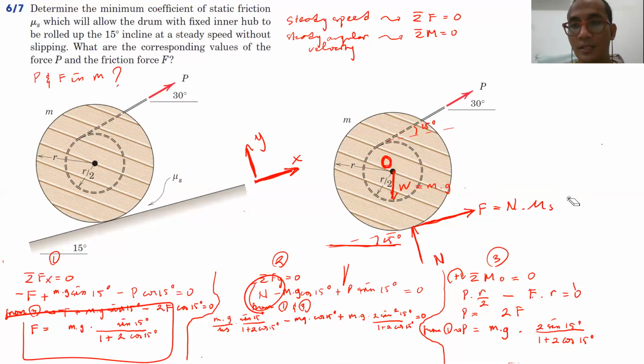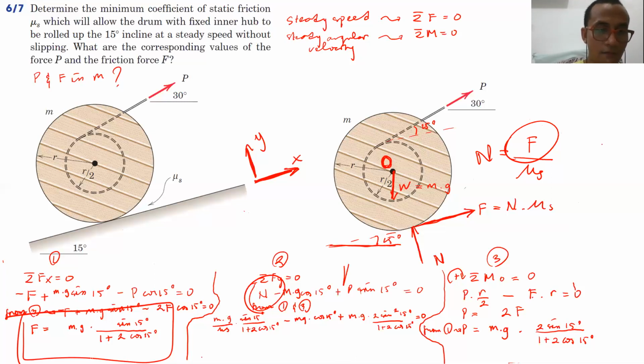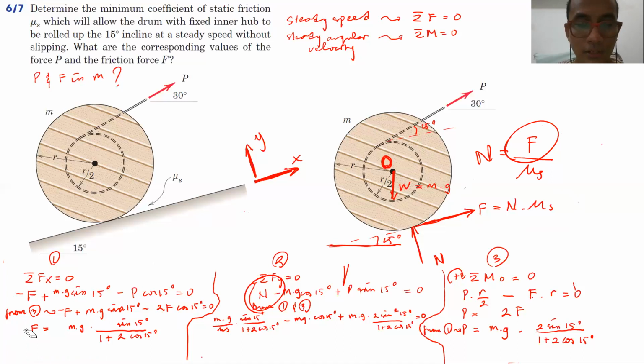Because of that, we can get N by doing F divided by mu s. Because we already know the value of F, the value of N is equal to F divided by mu s. As you can see here, if that is our F, then the value of N will be this divided by mu s.